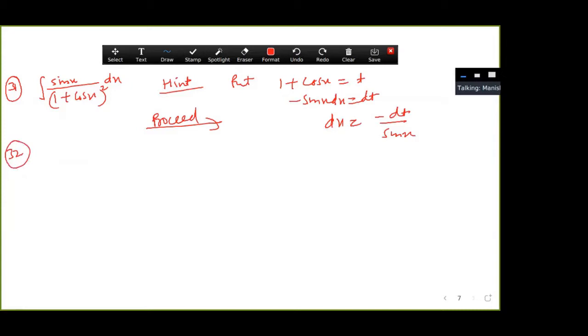Question number 32. Now this question is like the one we have done in an example: integration of 1 upon 1 plus tangent x. Same as that, we have to do this question. This one is cot x dx. In this question, first step is what?